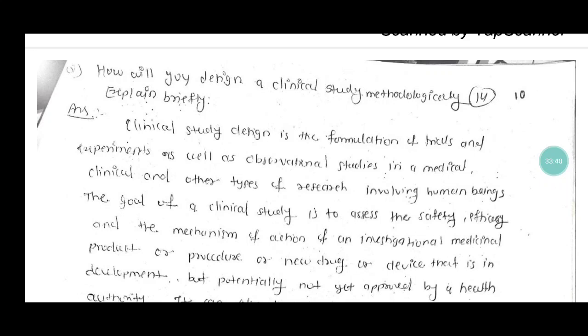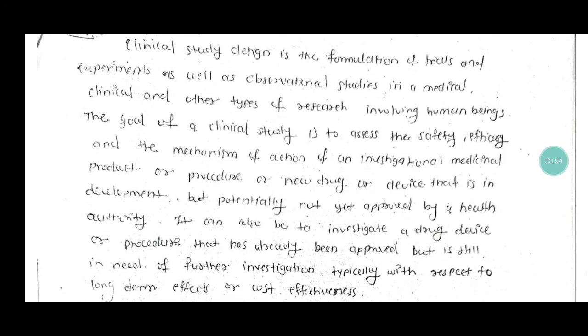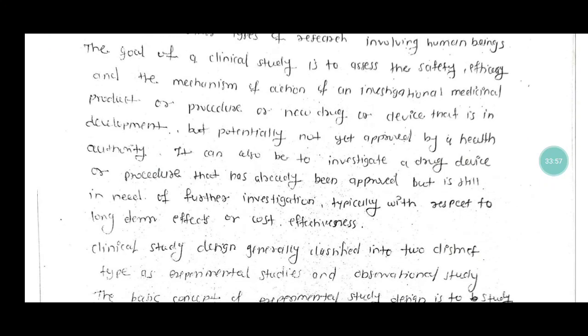So the goal of the clinical study is to assess the safety, efficacy and the mechanism of action of an investigational medicinal product or procedure or a new drug or device that is used in development but potentially not yet approved by a health authority. So it can also be an investigation of a drug, device or procedure that has already been approved but still the long-term effect or cost effectiveness.